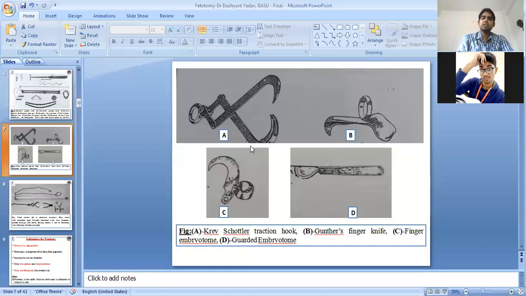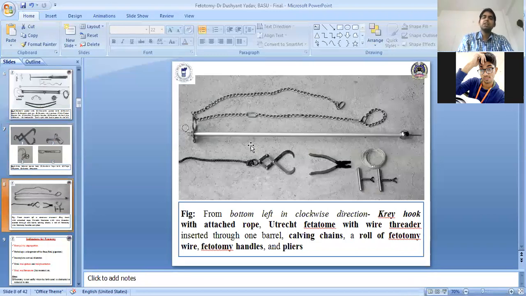So these are the knives I have previously shown, and these are the chain and the previously shown single barrel fetotomes, and this is the Krey-Schottler with the chain, and this is the wire saw, and these are the handles. These types of instruments are used in fetotomy.